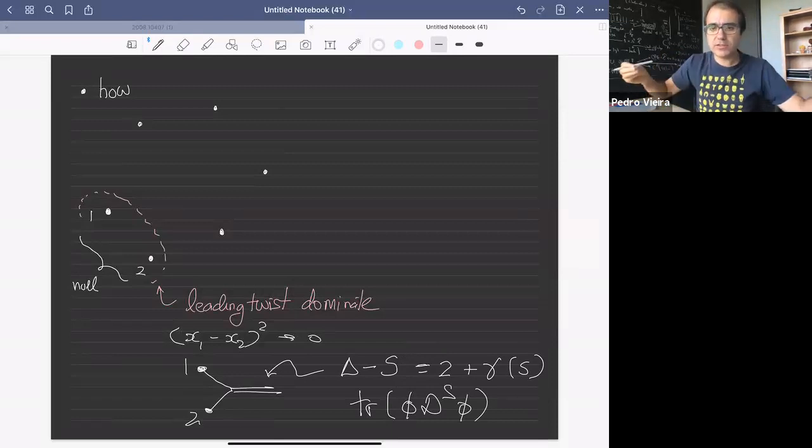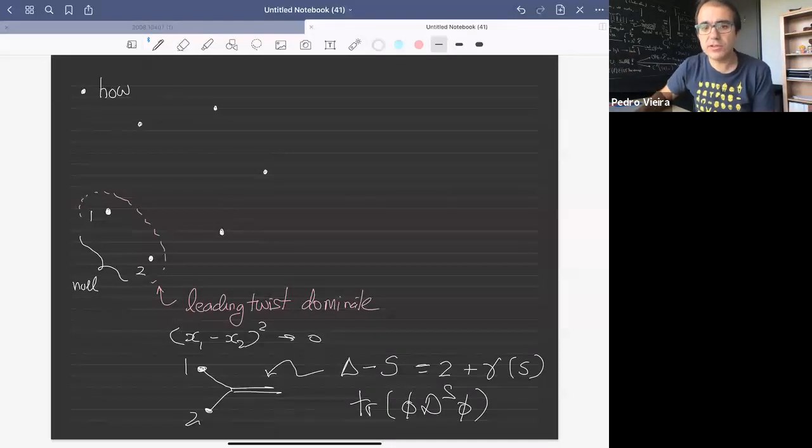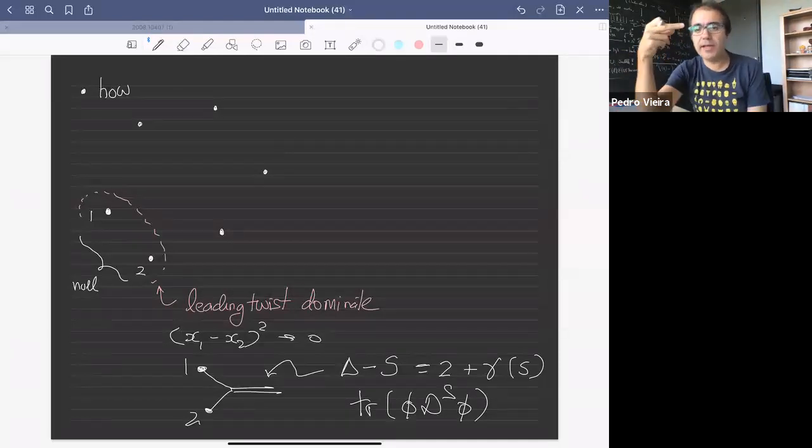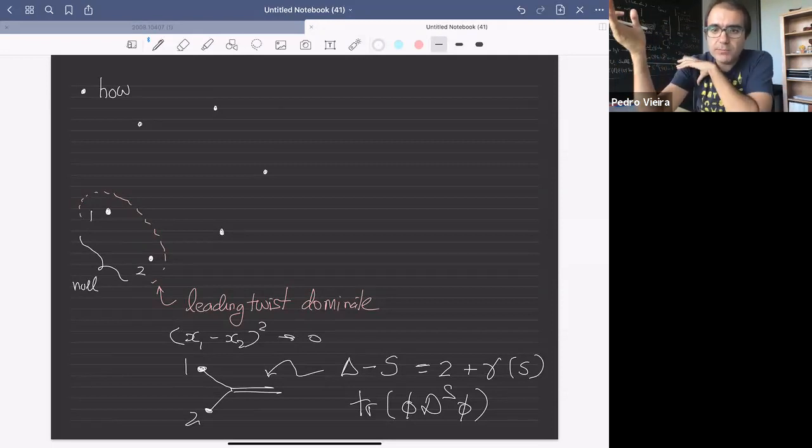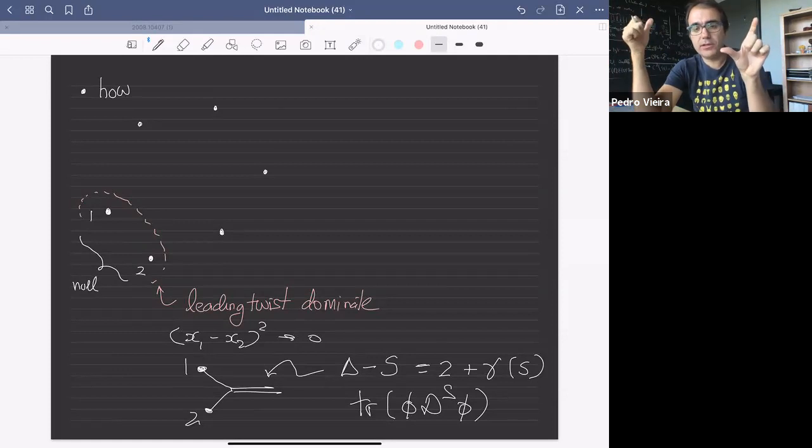Again, some operators with lots of derivatives that describe some kind of folded string. And these operators dominate when points become null separated. So a more familiar perhaps statement is that when points become Euclidean close together, the operators with lowest dimension matter. When they become null separated instead, it's not the lowest dimension, it's the lowest twist. It's dimension minus spin that dominates.